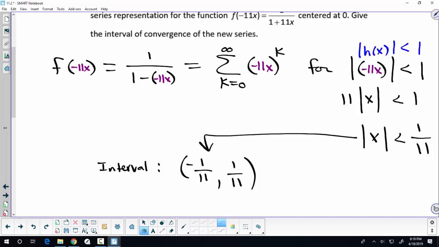Does that make sense? It's not that the initial interval is affected by the composition, but the composition does affect it because you still have to solve for x. That's why we started off with the absolute value of negative 11x is less than 1, because that was the original interval of convergence for the series given. Does that make sense?